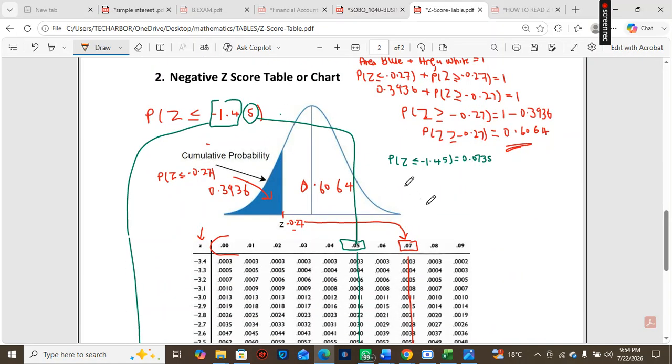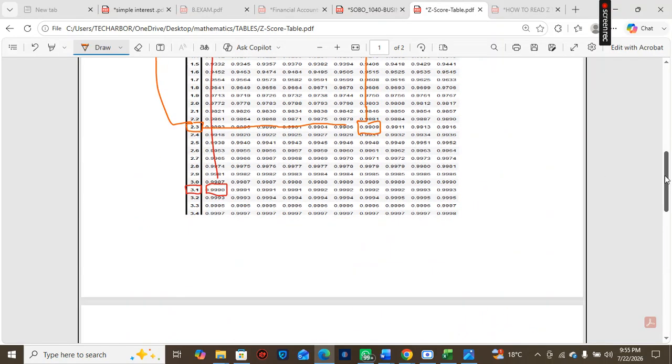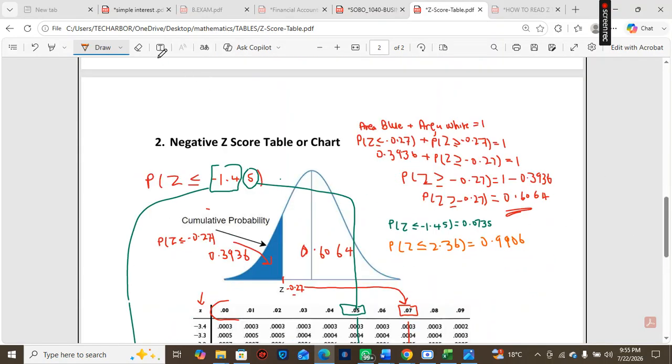So the probability that Z is less than or equal to 2.36 equals 0.9909.